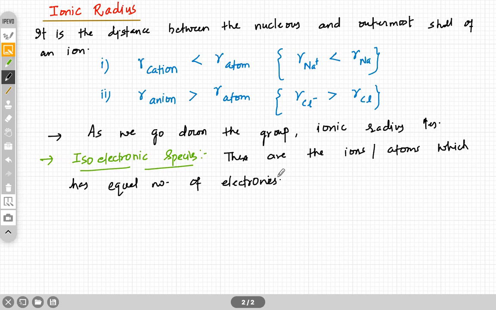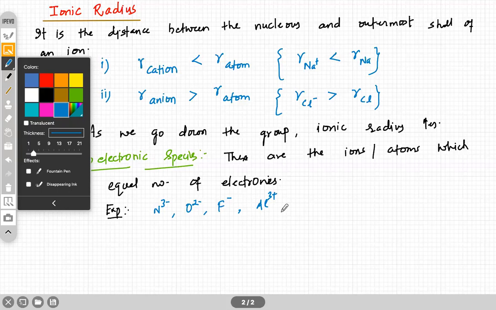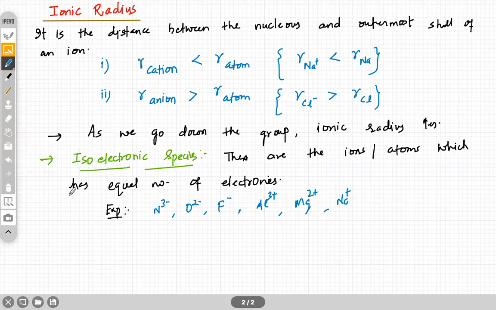For example, we have N3 minus, O2 minus, F minus, like Al3 plus, Mg2 plus, Na plus, all these are isoelectronic species. Copy this down.